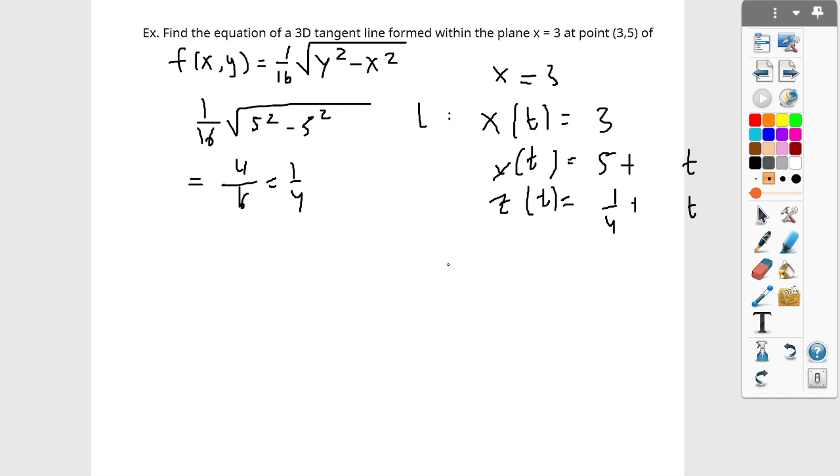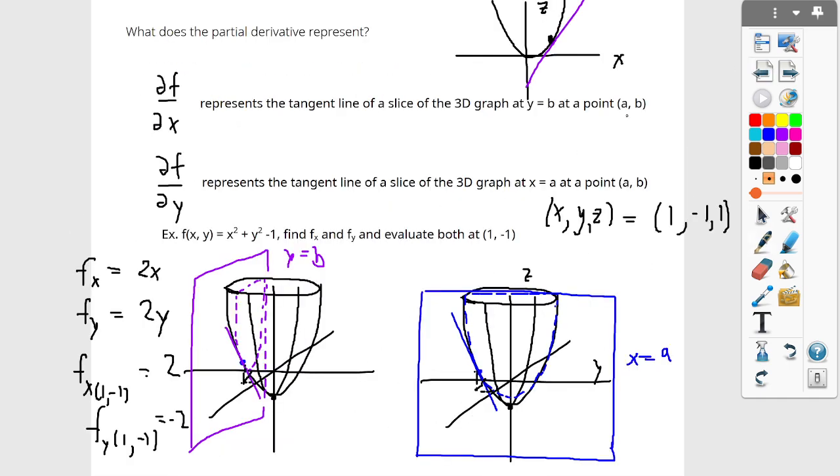So if we come back to this one, in this case, every 1 change in x will get you 2 change in z. So the direction vector, or the vector for our line right here, is 1, 0, 2, because for every one change in x, it's 2 change in z, right?